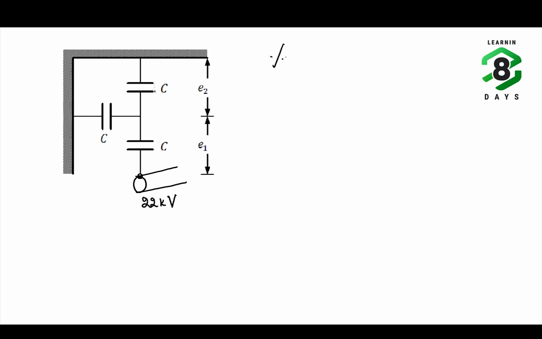The string efficiency in this case will become 22 kV, because this is the voltage of conductor with respect to tower, into how many disks are there in the string? There are 2 disks. And what is the voltage across the disk adjacent or next to the conductor? That is E1, into 100. This will give you the string efficiency. Understand?